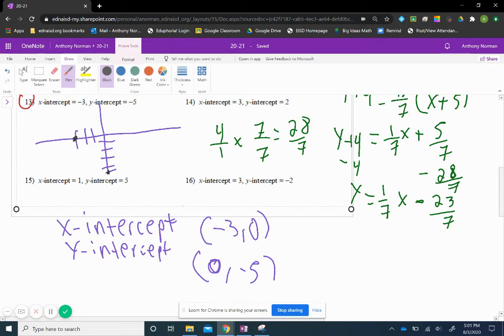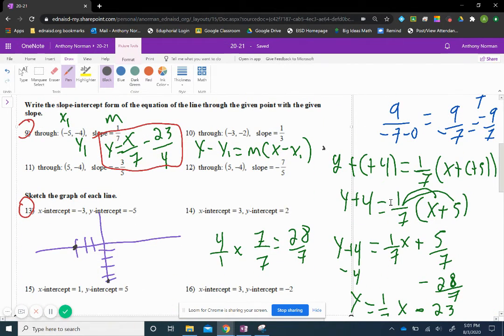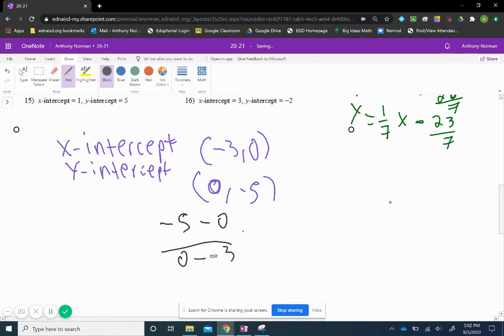So now, how do we find the slope? Good job. We'll use y2 minus y1 over x2 minus x1, which is pretty easy given we have zeros. So y2, negative 5, minus 0 over 0 minus negative 3, which gives us negative 5 over 3.